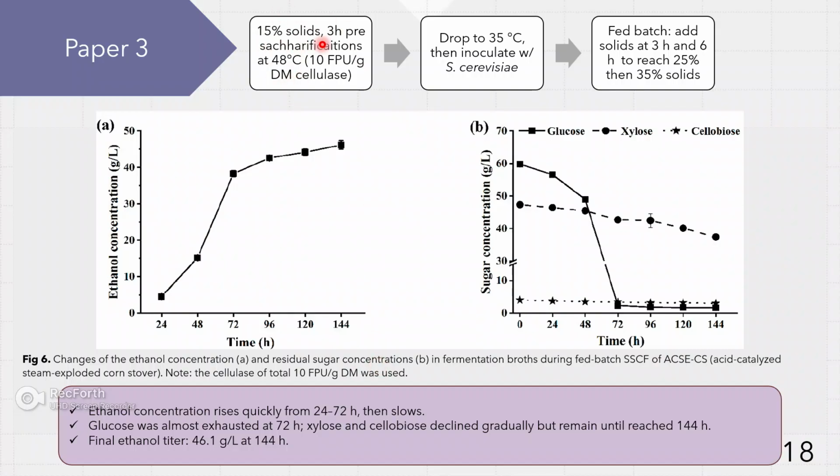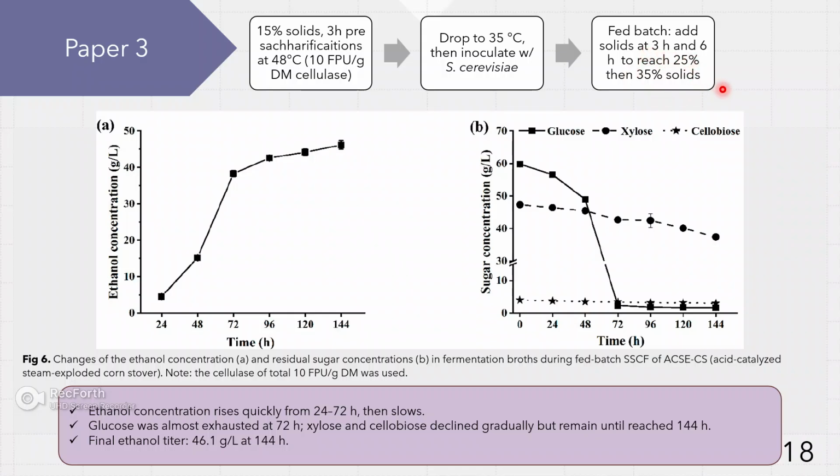This is the figure when they add 50% solids and 3 hours of pre-saccharification at 48 degrees Celsius, add around 10 FPU of cellulase, drop the temperature to 35 degrees, then inoculate the yeast.